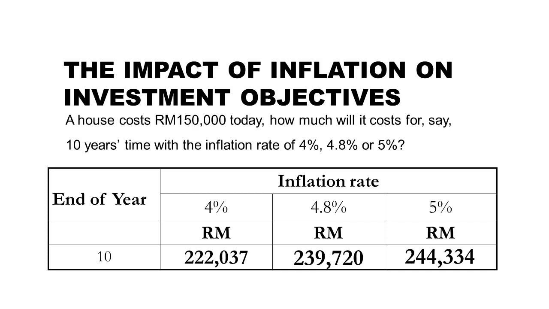So your house of 150,000 now will become 222,000 in 10 years time after an inflation rate of only 4%. If it's 5%, you become 244,000. So you see, 1% difference in return or inflation after 10 years can cost you quite a lot, more than 10% difference.